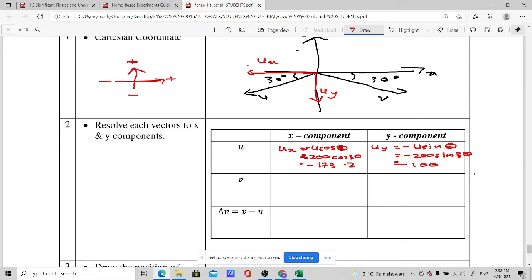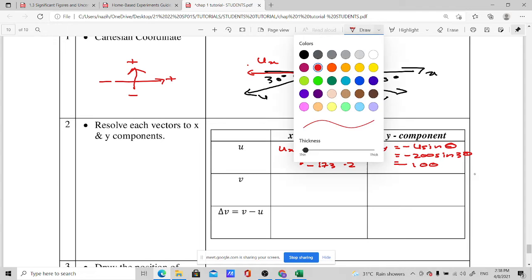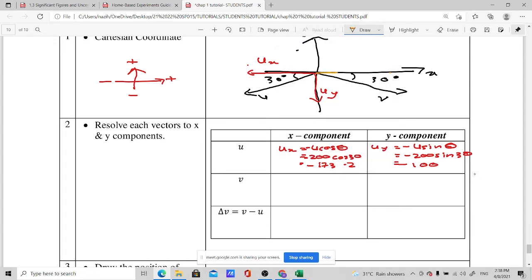Now let's look at your V. I'm going to draw the resolving vector in yellow color. This should be your Vx, and this is your Vy. For your Vx, it is to the right, so it would be positive 200 cos theta.